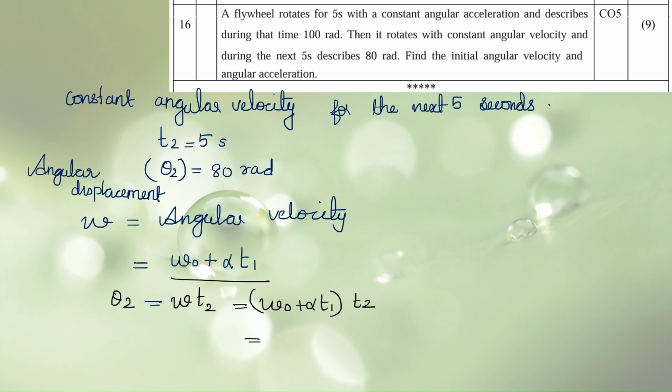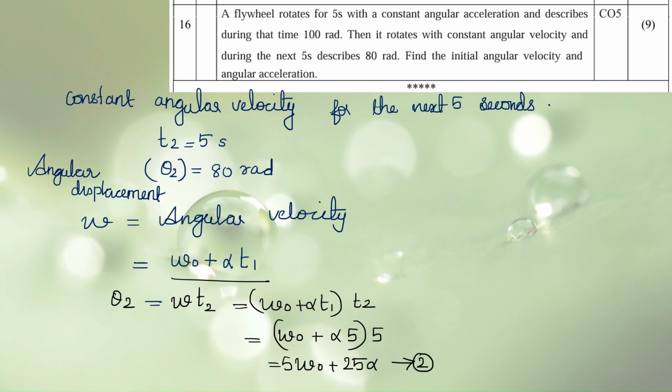So write omega 0, alpha is alpha and time t1 is 5 seconds and t2 is also 5 seconds. So if you solve, omega 0 plus 5 omega 0 plus 25 alpha, that will be the second equation.